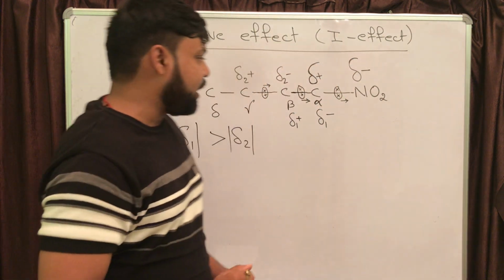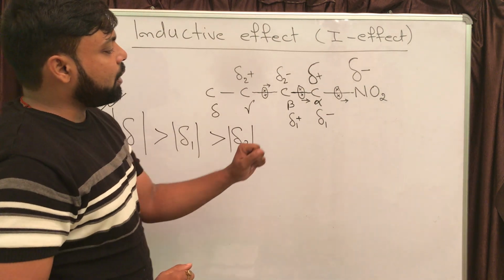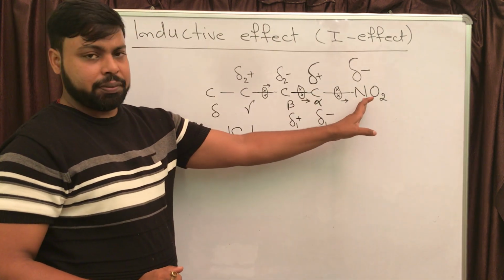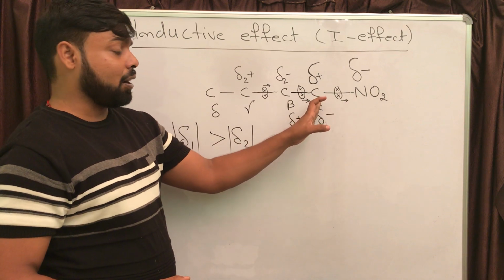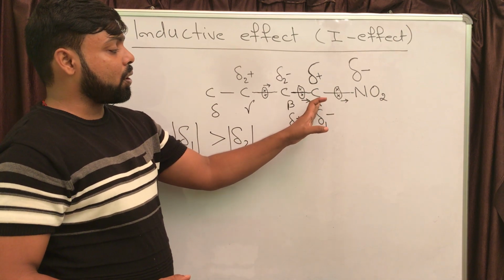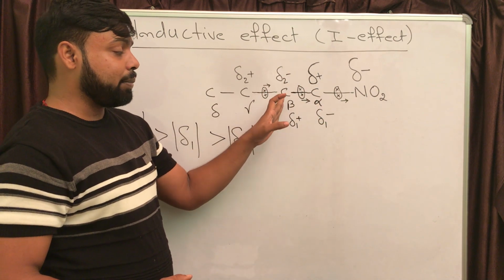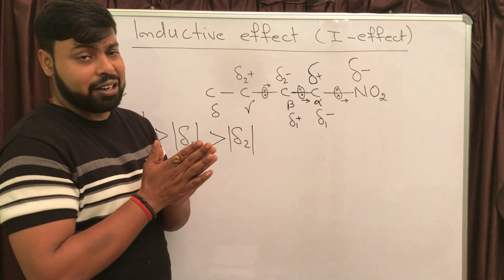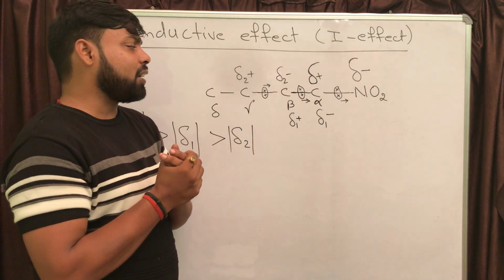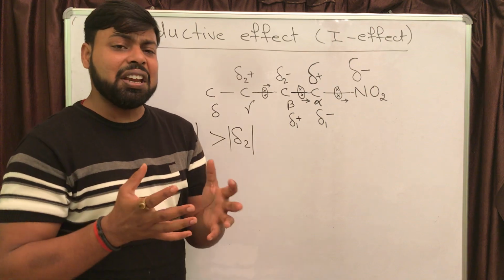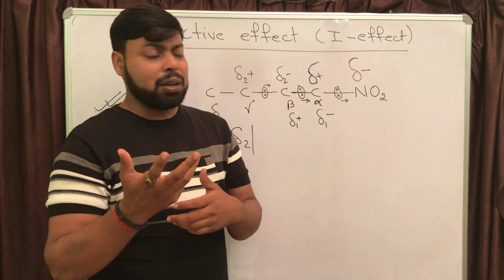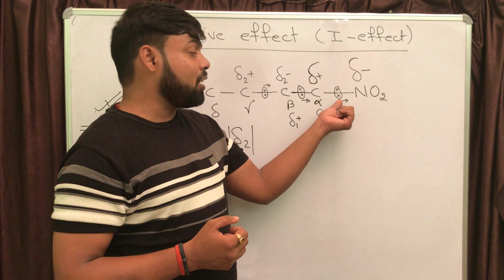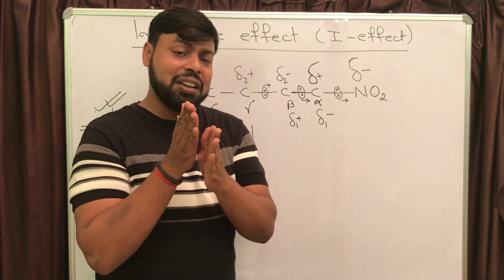The reason behind that, if you observe, is that the electron withdrawing power of nitrogen was more than alpha carbon. The electron withdrawing power of alpha carbon is more than beta carbon, meaning electron withdrawing power is continuously decreasing. So it is said that after the third carbon it will be very, very weak. And there is one more reason, because the shifting of electron is very, very less.